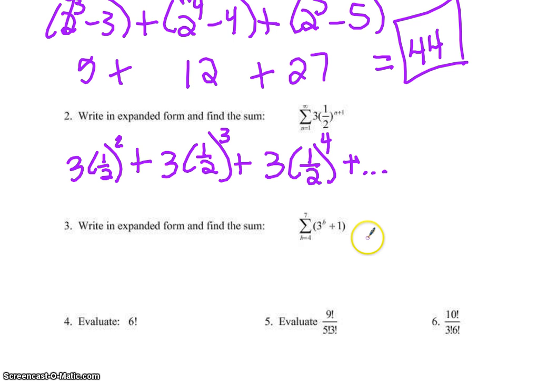And then you've got to use one of your formulas, you may have it on a note card, to find your sum.